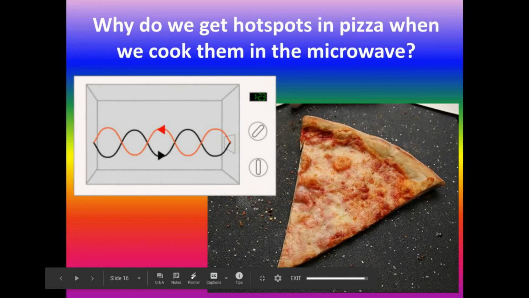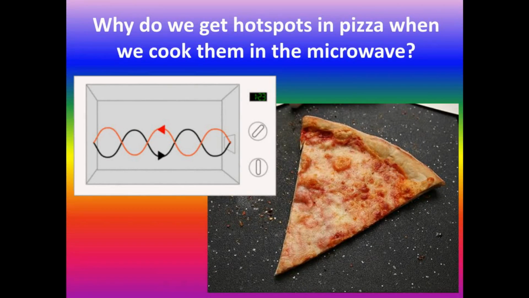So when we look at the question that we discussed at the beginning, why do we get hot spots in our pizza when we cook it in a microwave? So a microwave is based on microwaves actually passing through your food, and they're going to vibrate the moisture that's in your food.